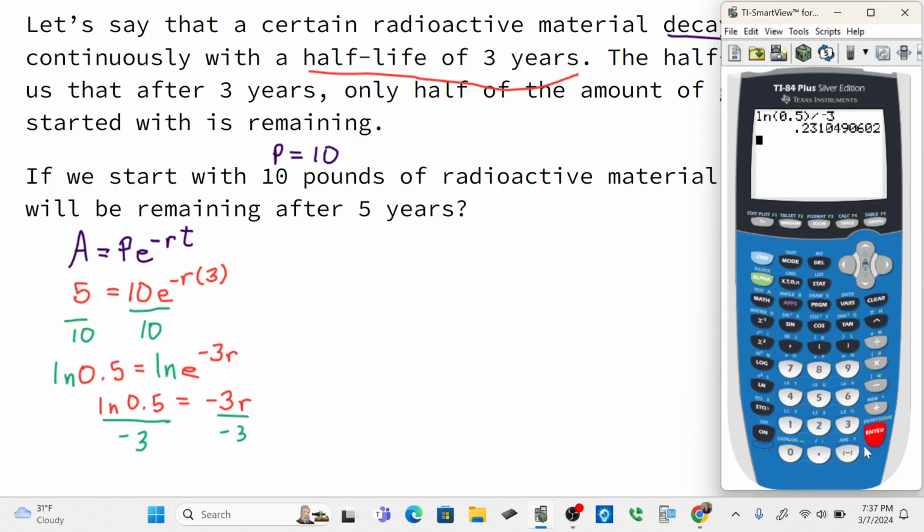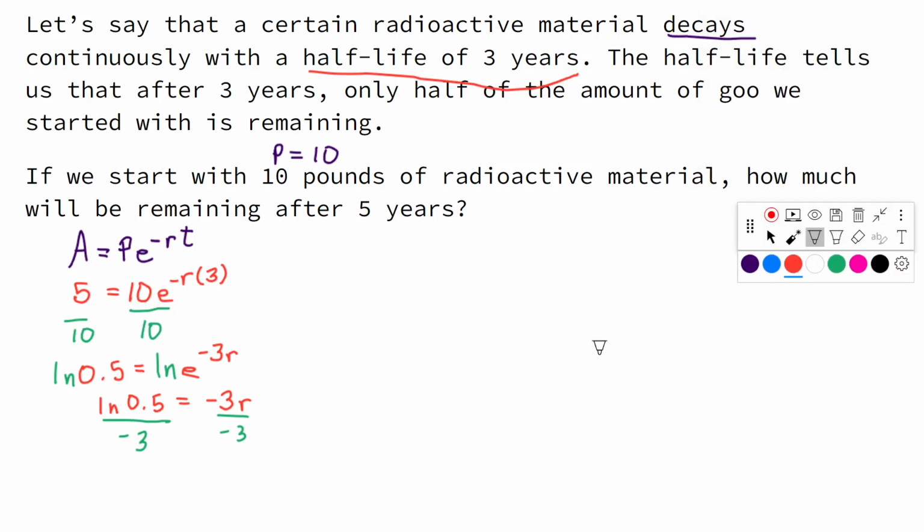And my answer is a rate of 0.23. So a rate of 0.23, we need to convert that to a percent. So that's going to be approximately 23% is the rate of decay.